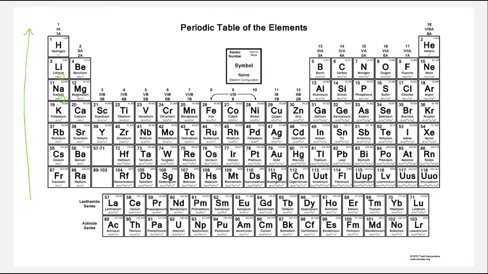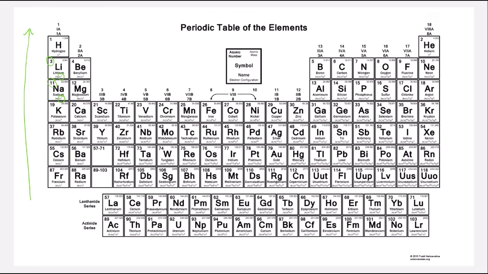If we see here, sodium has 10 electrons in its inner core and 1 valence electron. Lithium, on the other hand, has 2 inner core electrons and the same 1 valence electron. This means that lithium has fewer inner core electrons to shield its valence electron from the nucleus.